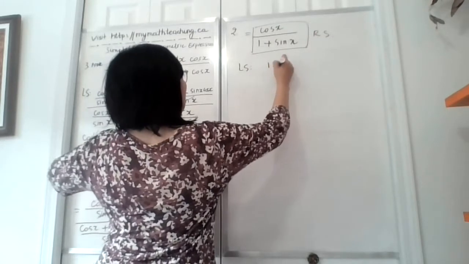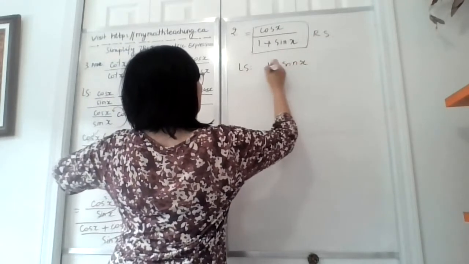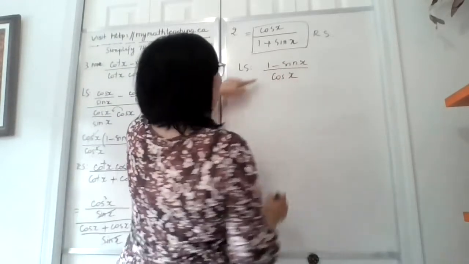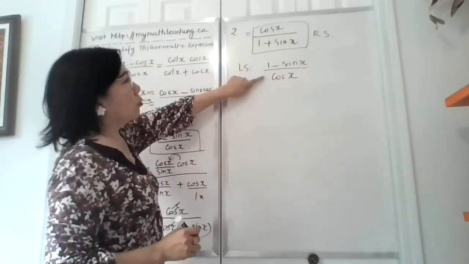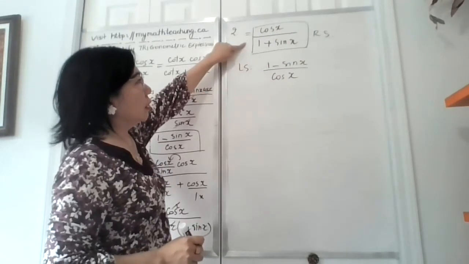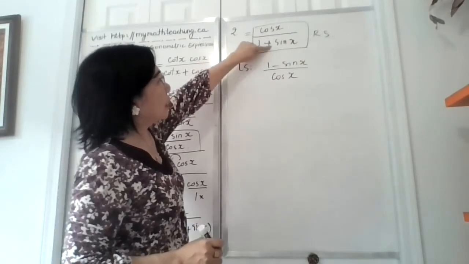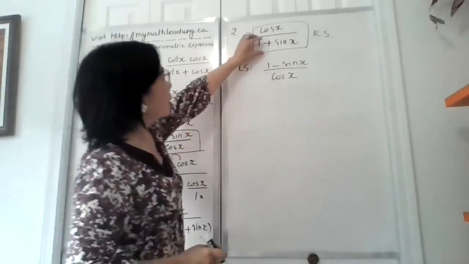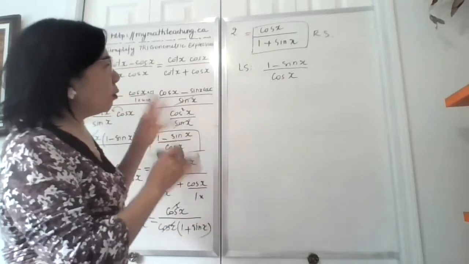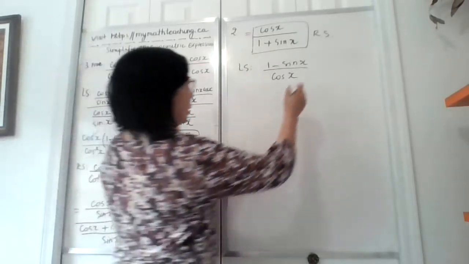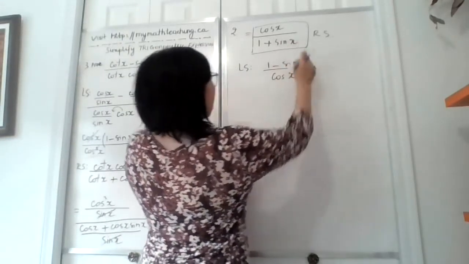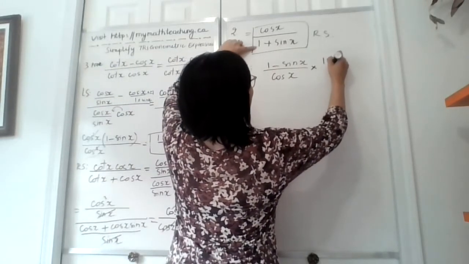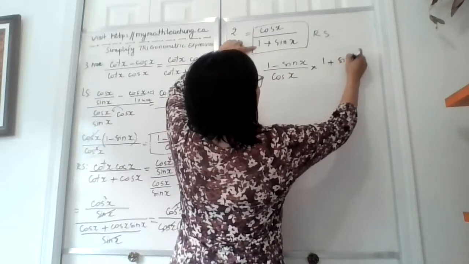Left side is 1 minus sine x over cos x. Now I'm going to have to turn this into this. And I look at the 1 plus sine x and the 1 minus sine x. So I come up with the idea that as long as I see this pattern, it looks like I can manipulate something. I'm going to multiply the top by 1 plus sine x.